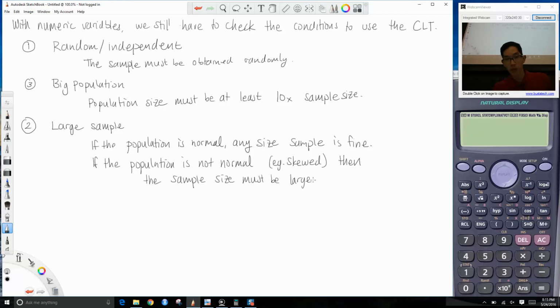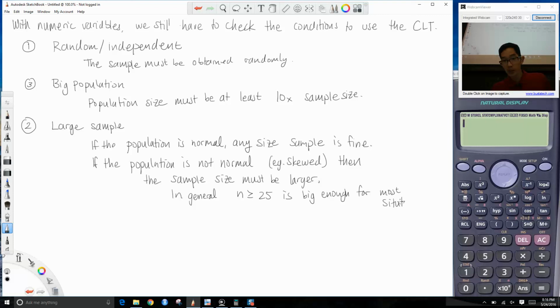Now we don't have exact rules. In general, n greater than or equal to 25 is big enough for most situations.